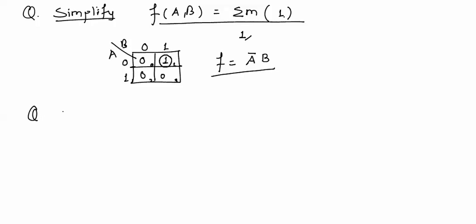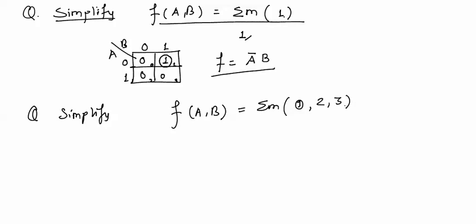Now next example, simplify f of ab equals summation m 0 to 3.